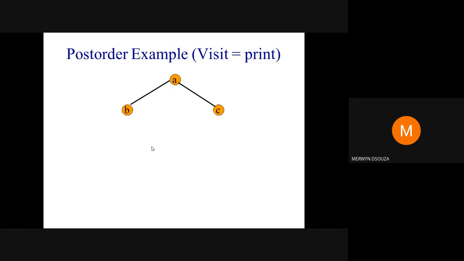So can you all try to do the post order traversal for this? So the steps are left subtree in post order, right subtree in post order, and visit. These are the steps for post order traversal. Right? Start always from the root node. So you will start from the root node.